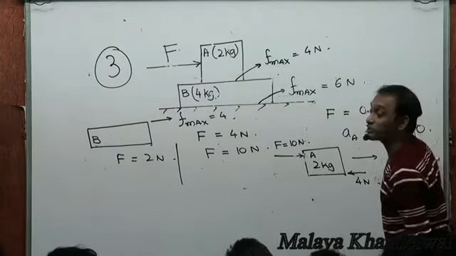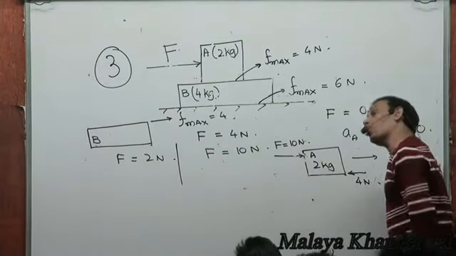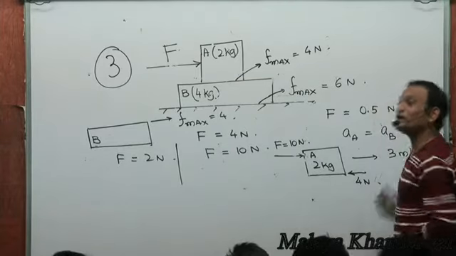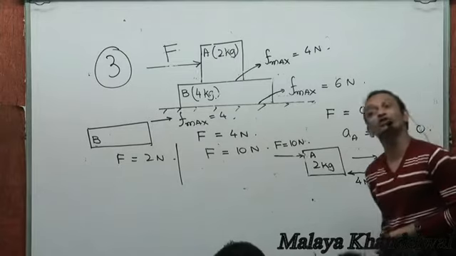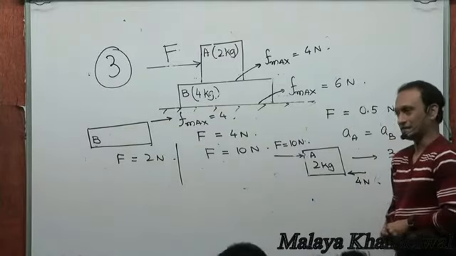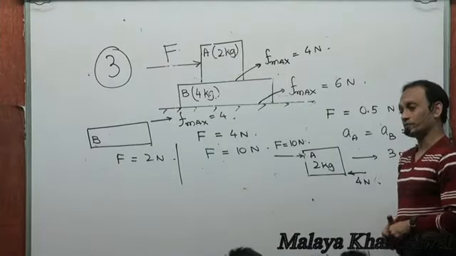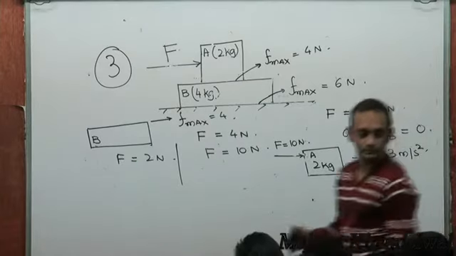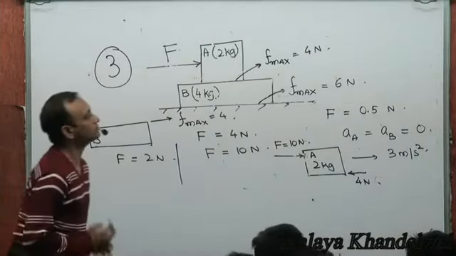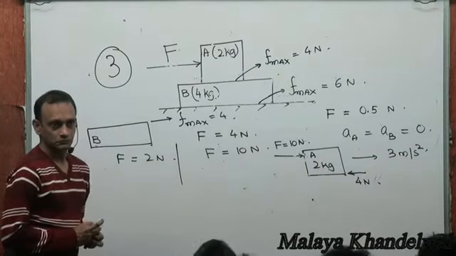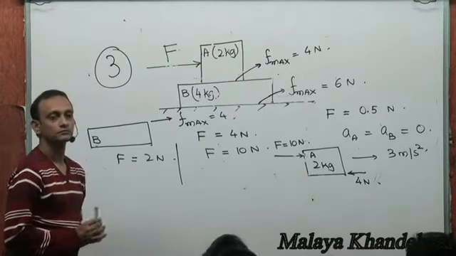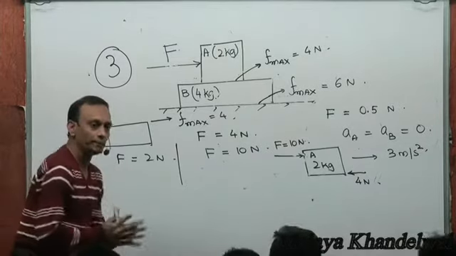And what would be the acceleration of B? 0. It will always remain 0. Irrespective of the value of capital F, the acceleration of B will remain 0 at all times. Right? Got me? Right? Shall we proceed then?